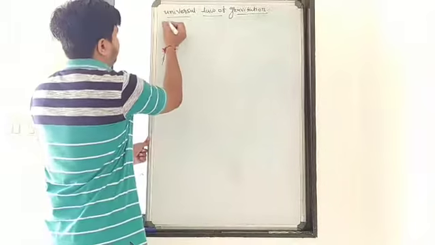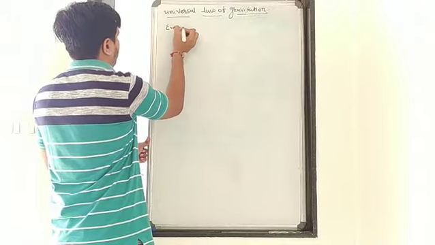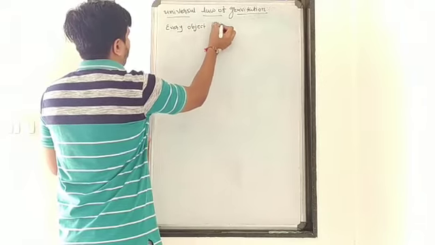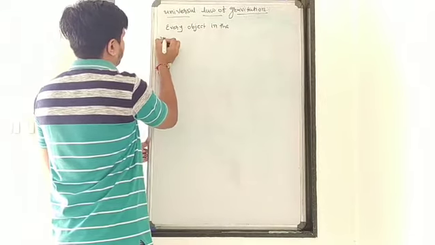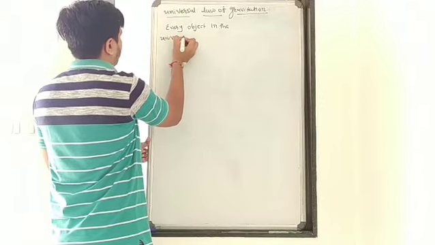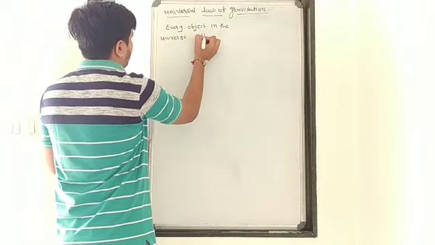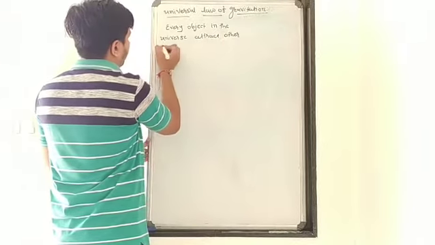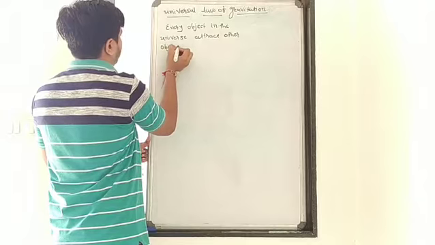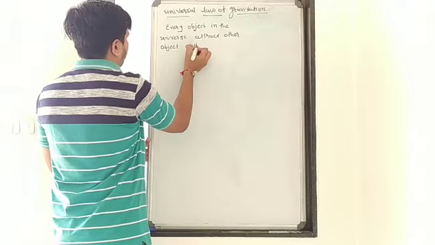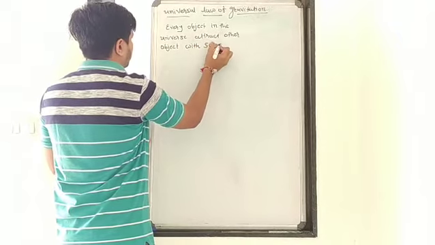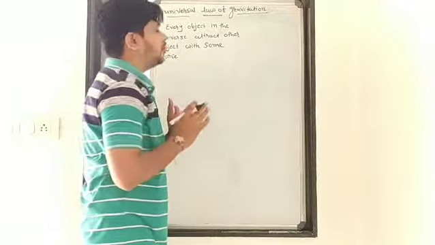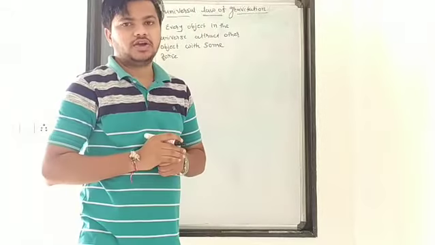The law is very simple: every object in the universe attracts other objects with some force. That in the universe every object attracts the other object with some force.